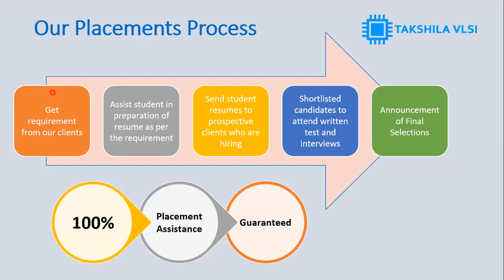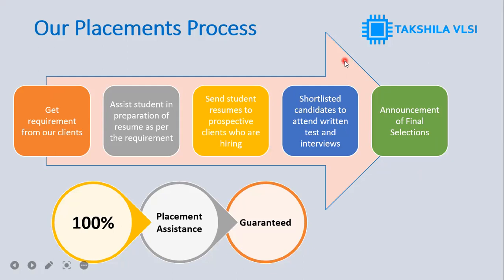First round is collecting all the resumes, and preparing the resumes if necessary. If we can help how to write a resume and prepare the resumes also. And we'll send the resumes to the client who are hiring, and for them again the shortlisting of the resumes will be done, and for them written test and a series of interview rounds, and final selection of the candidates.